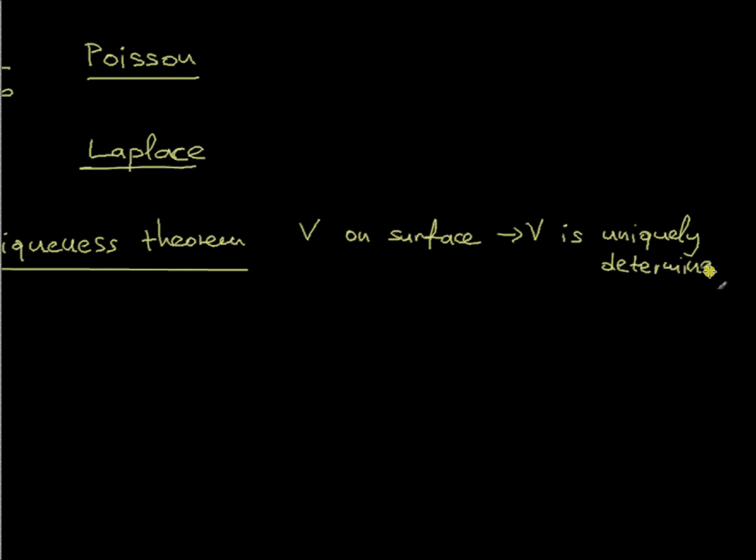And what this means, okay, if you set the potential on the surface of your volume, then there is only one physical situation that can give you that potential on the surface.